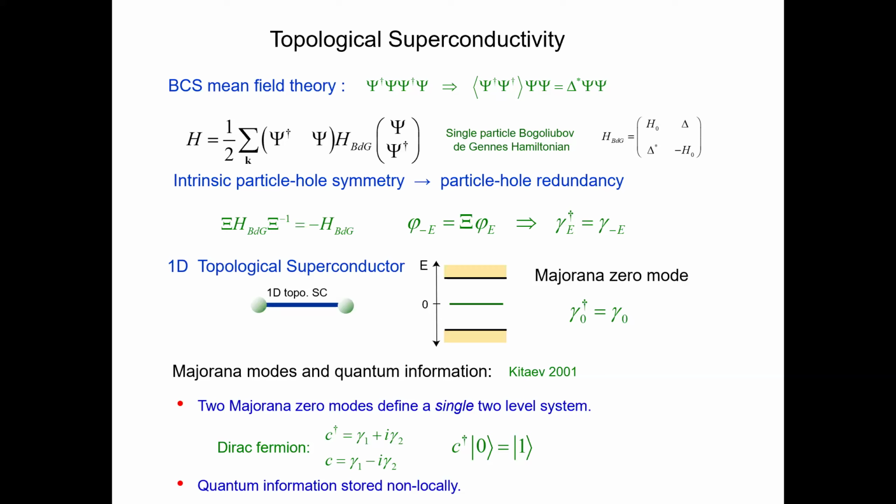So if you have a topological superconductor with two ends, then the ground state is actually twofold degenerate, and the two states can in a sense form a qubit. This is the beautiful idea of Kitaev's, that these Majorana modes might have some application for quantum information. This is all I'm going to say about topological superconductors.